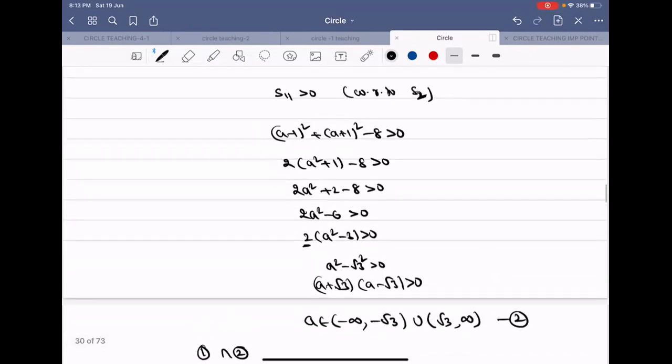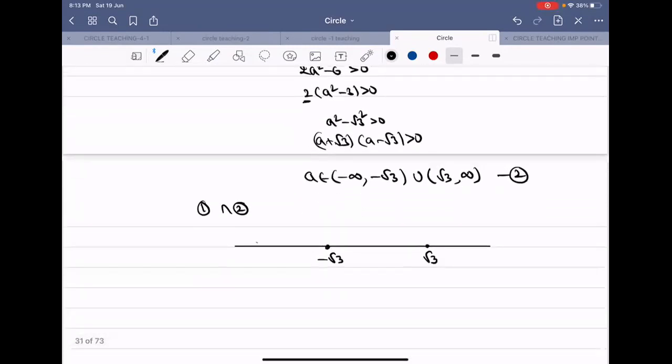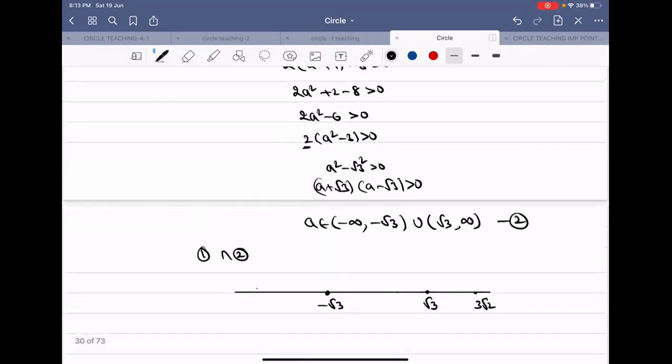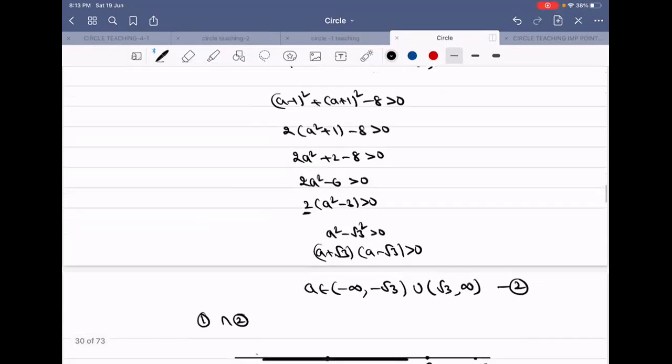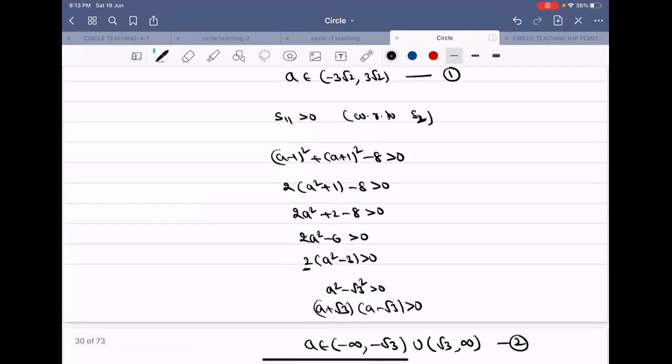Next numbers are what? 3 root 2 is greater than root 3, because root 3 is some 1 point something. Next, minus 3 root 2. Minus 3 root 2 is less than minus root 3. Now, the first solution is what?